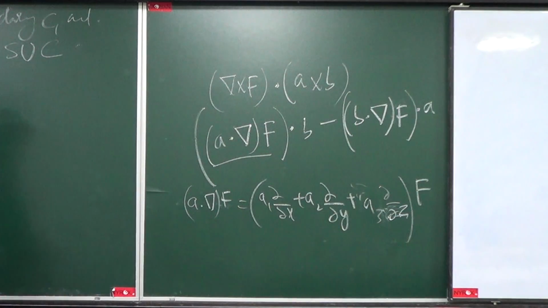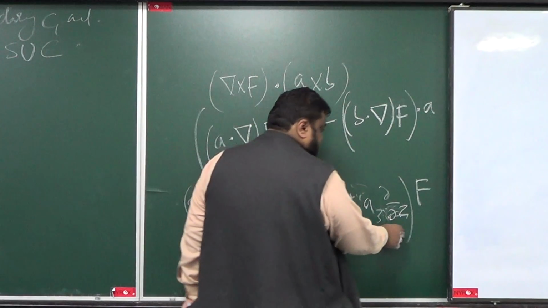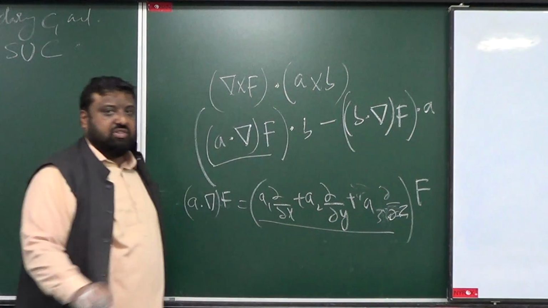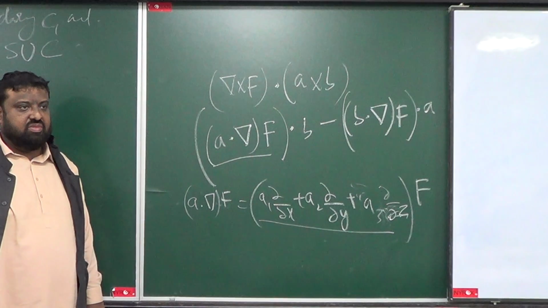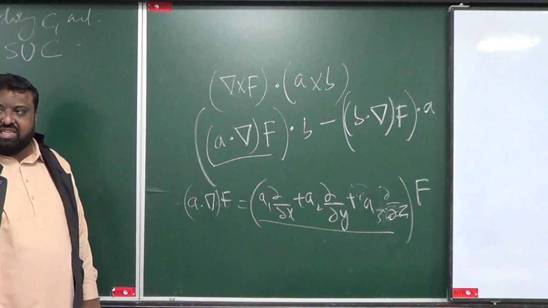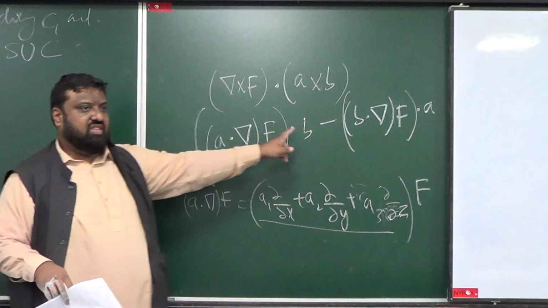What is the meaning of operating onto f? Take this operator and operate onto each component of f. It's going to produce a vector, and then take the dot product of that vector with the other vector.